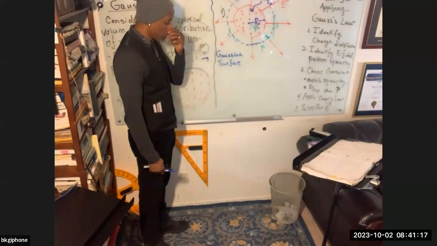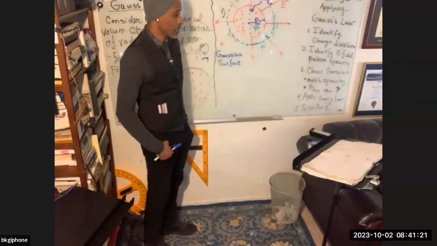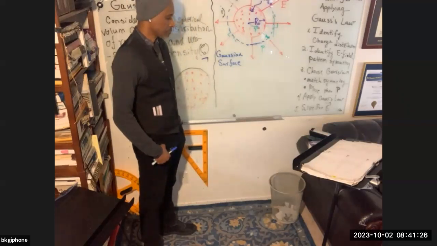This is an amazing concept, this Gauss's law. I've often thought, we don't know what was going on 120 or 125 years ago, but I think before Einstein's equation E equals mc squared, Gauss's law surely must have been the most known or used equation in mathematics and physics.